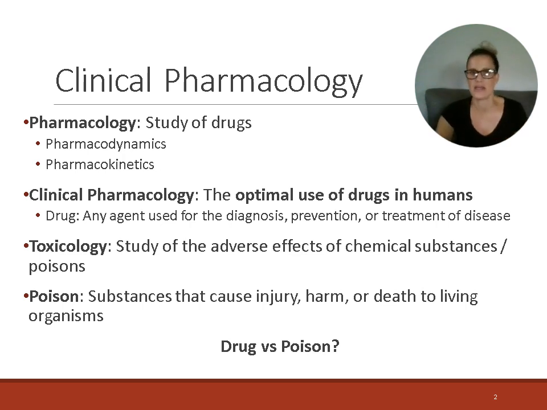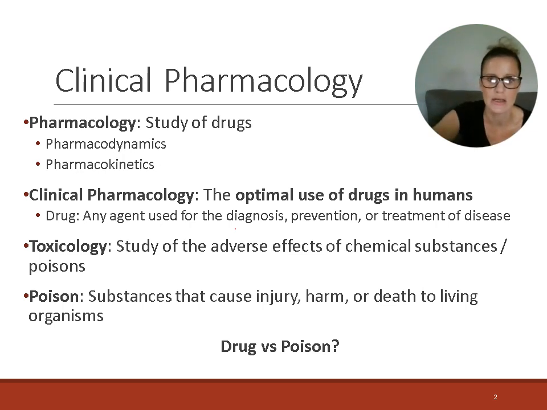We are not defining drugs as a term for a substance that is misused or abused. For us, drug is defined clinically as any agent or exogenous substance, so a substance from outside the body, that we're putting either in or on the body.